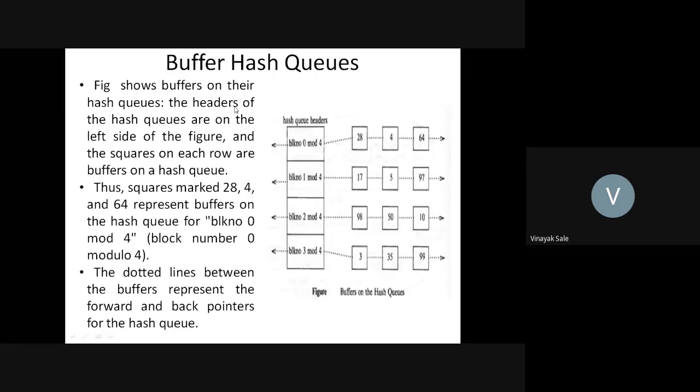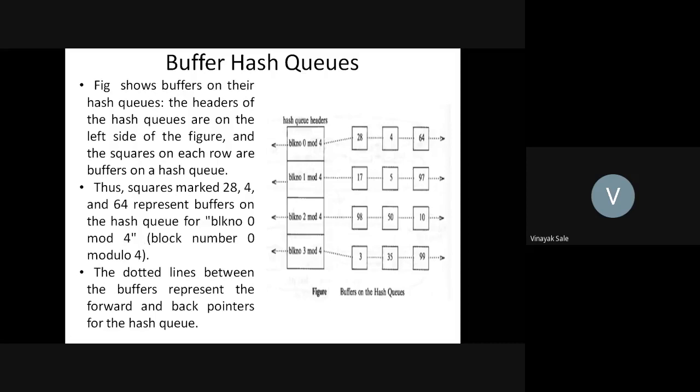This figure shows the buffers on hash queues and the headers of the hash queues. These headers are on the left side of each queue, and the squares marked such as 28, 4, 64 represent the buffer numbers on the hash queue, that is block number 0 mod 4.